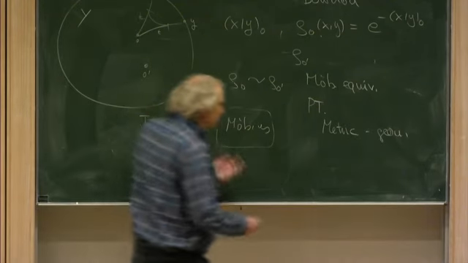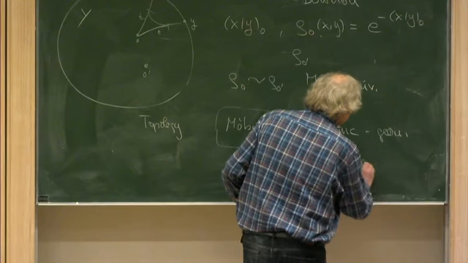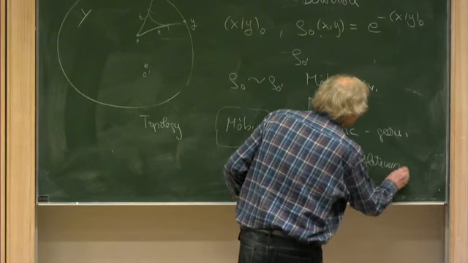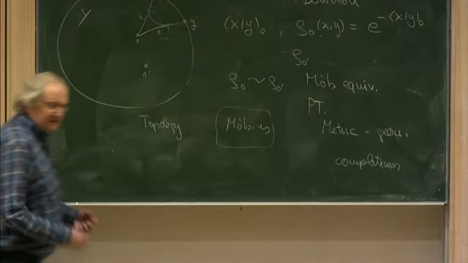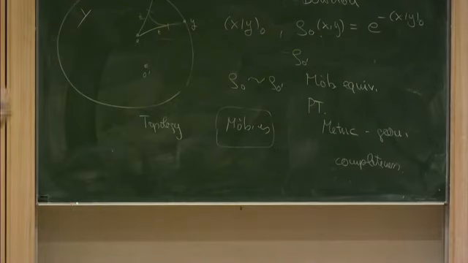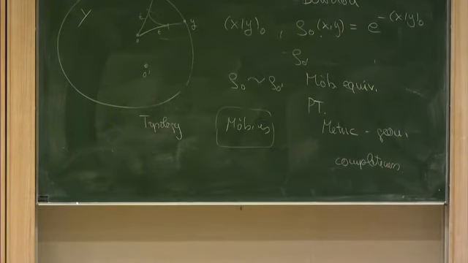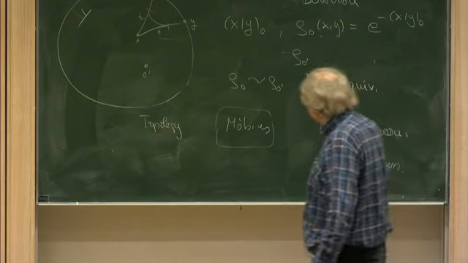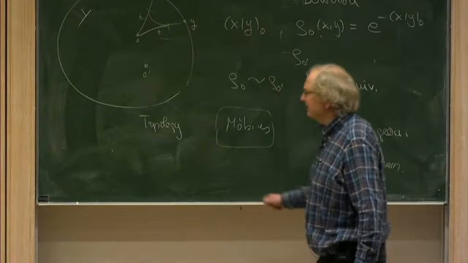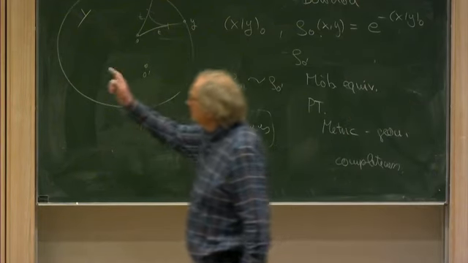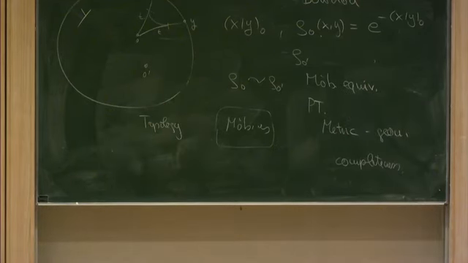For example, completeness is a concept of metric geometry. You can say when a metric is complete, but for topology it doesn't make sense to speak about completeness. But completeness is also a concept of Moebius geometry, which means if one of these special metrics with a point of infinity is complete, then also another metric in the same Moebius structure is complete.